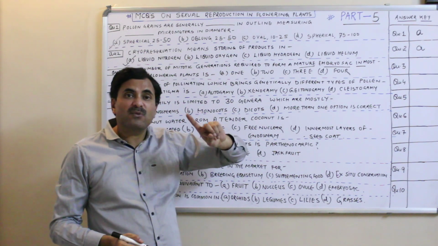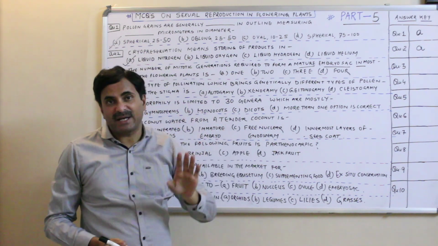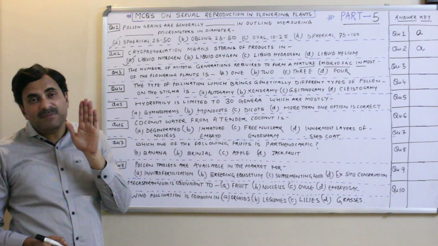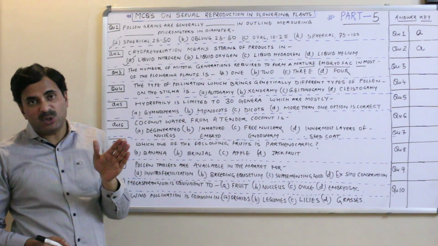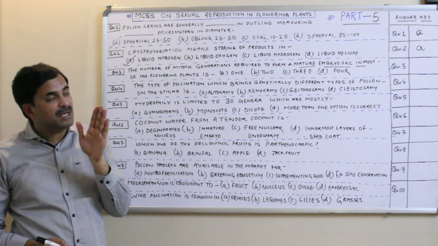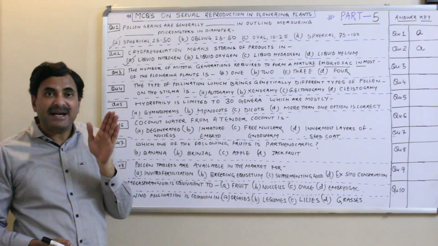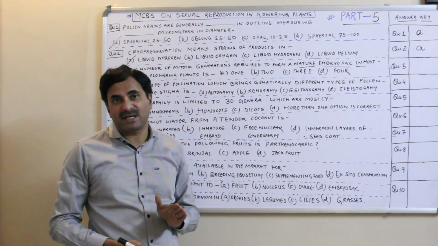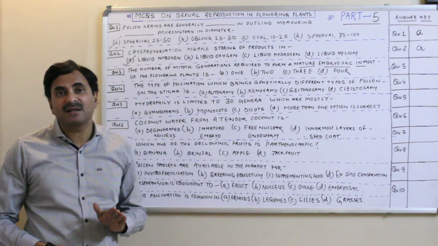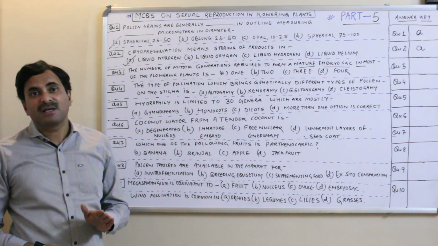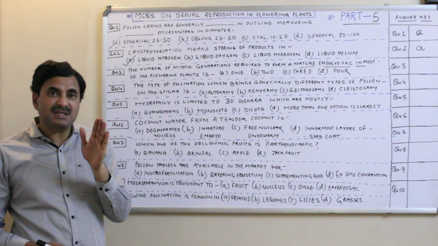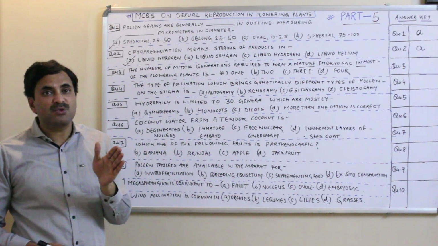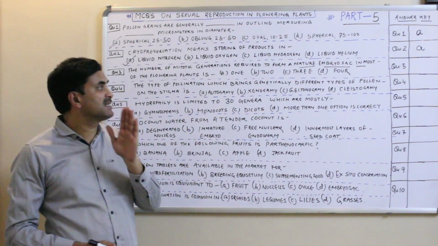When a functional megaspore is converted into a mature embryo sac, at least 3 mitotic divisions occur, because of which the embryo sac consists of 8 nuclei and 7 cells.